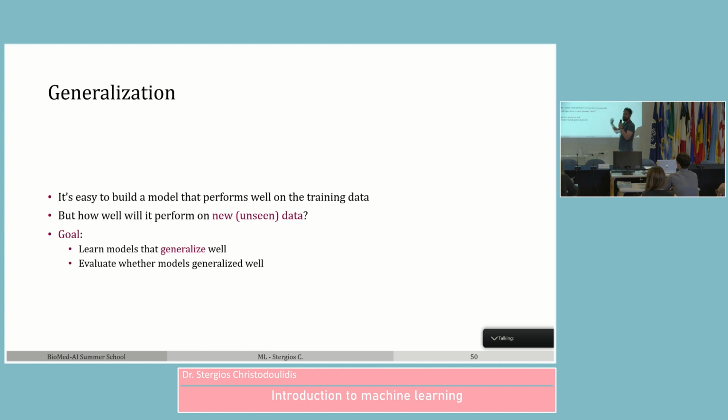So coming back again to the little discussion we had earlier, it is quite easy to build models to solve a specific task. You can define your most complicated model, have all the data in the world you can get, and find a way to make your model perform very well on the data that you use for training.